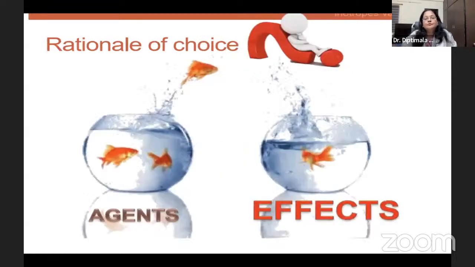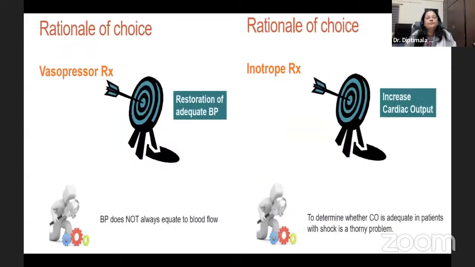So this is the rationale behind our choice of agents in a patient of septic shock. So the aim is to restore adequate blood pressure. When you are choosing the right vasopressor agent, the aim is to restore adequate blood pressure, and the inotropic agent to increase the cardiac output.